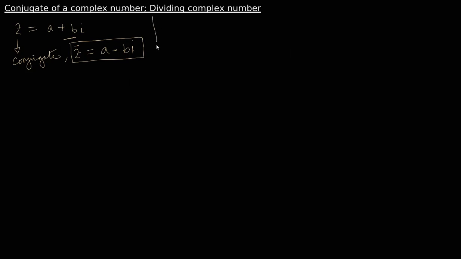Now let's say I have a complex number, problem a, which is z equals 2 plus 5i. My objective is to find z bar, and also I need to find the product z z bar.